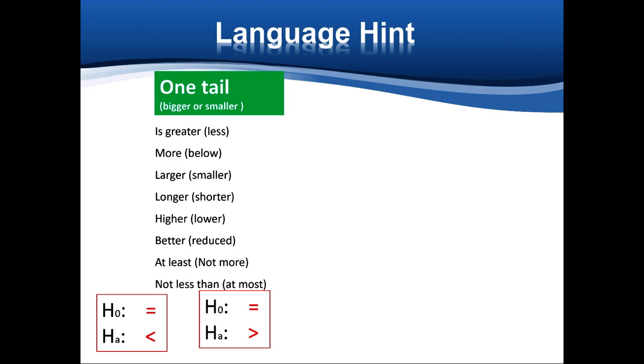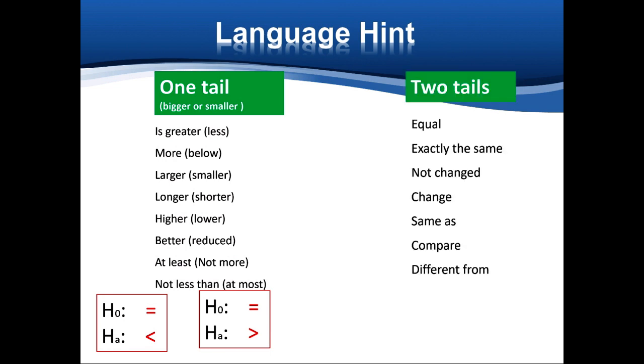For two tails problem, some keywords such as equal, exactly the same, not changed, change, same as, compare, or different from. We always write not equal in HA. Now let's see the next step.